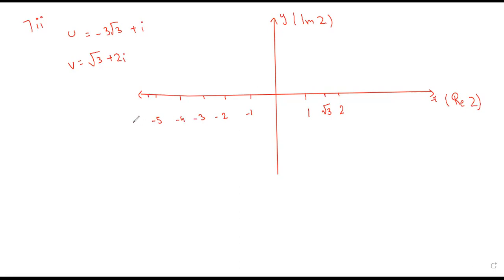It is -3 under root 3, because that's 5 point something. So what about the first point? It's -3 under root 3 and iota, so it is going to be somewhere here.